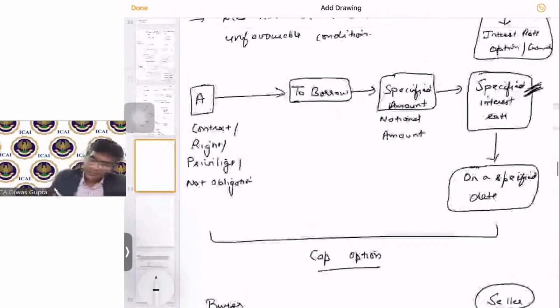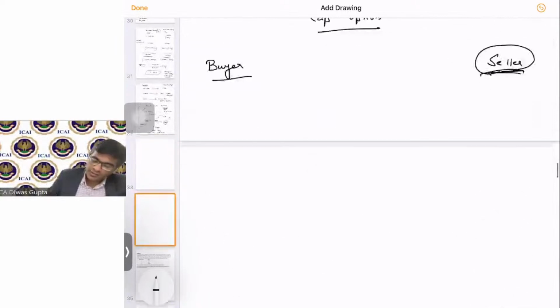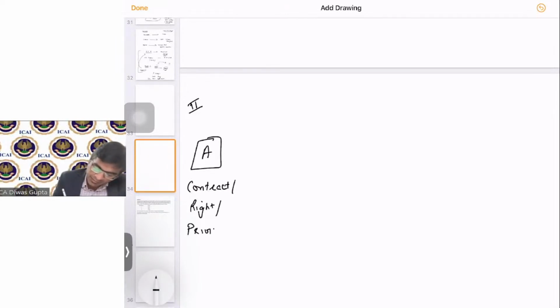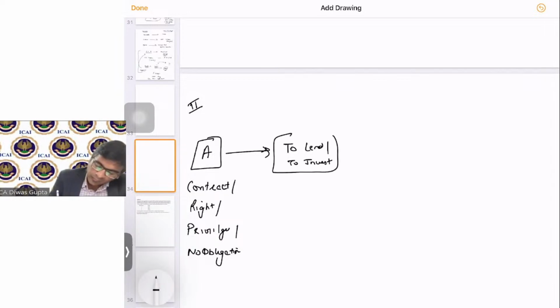Now this is the first thing that we need to understand. Let's go to the second one. Now again, assume A is, just like above, a contract with rights and privileges, but no obligation. Again, there is no obligation, but here the contract is to lend or to invest.